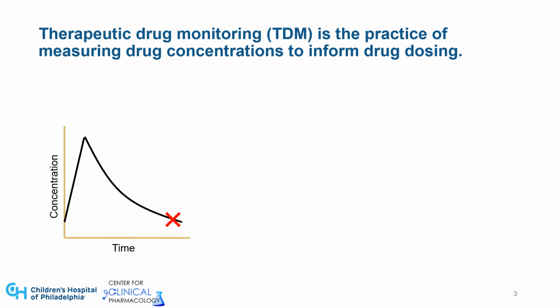An area where I feel microsampling holds promise to greatly improve the clinical care of patients is in the field of therapeutic drug monitoring, or TDM, which is the practice of measuring drug concentrations to inform drug dosing in individual patients. The goal is to maximize efficacy and minimize toxicity in that individual. Traditional TDM involves collection of a single sample at a specified time point and interpretation of the resulting drug concentration within the concept of a therapeutic window.